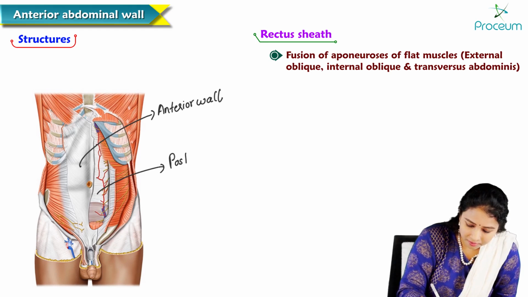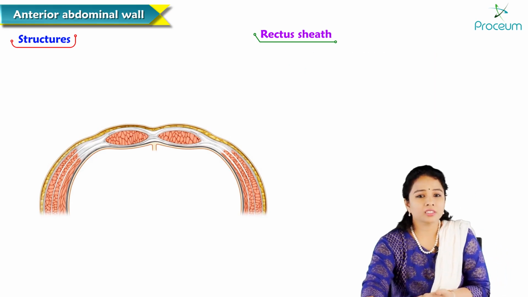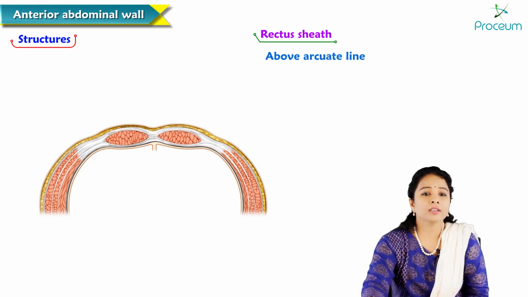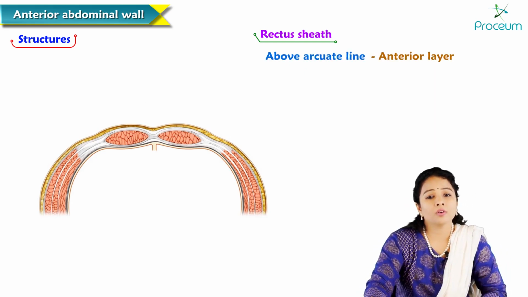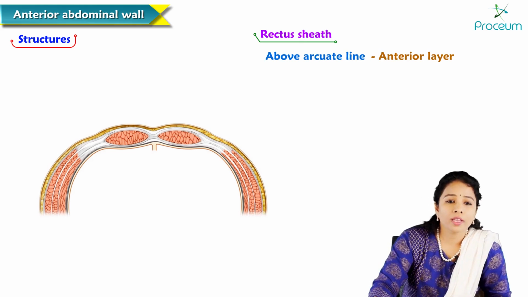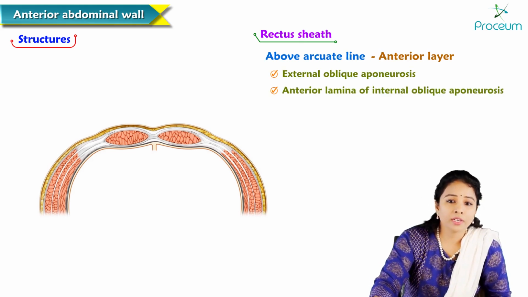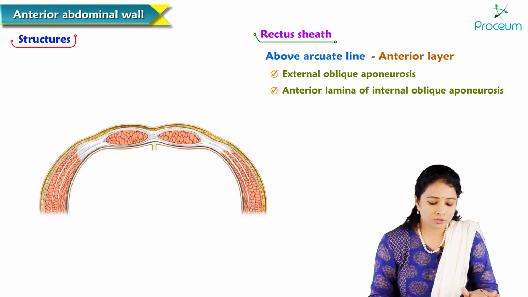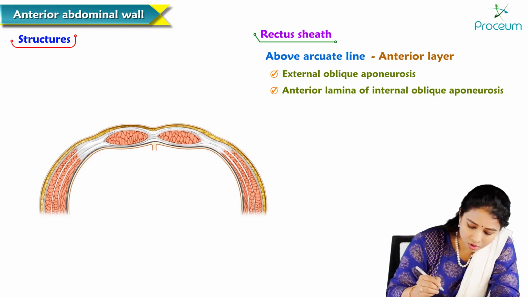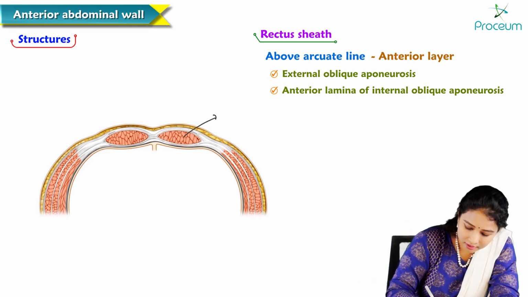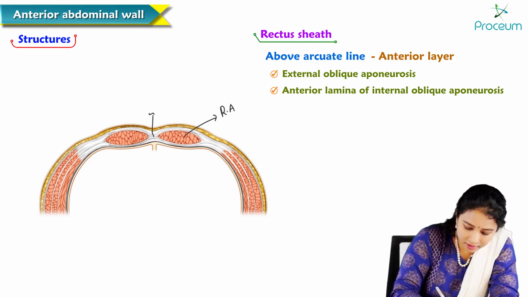If a transverse section is taken above the arcuate line, the anterior layer of the rectus sheath is composed of the external oblique aponeurosis and the anterior lamina of the internal oblique aponeurosis. Here is the transverse section showing the rectus abdominis muscle, and here in the midline is the linea alba.